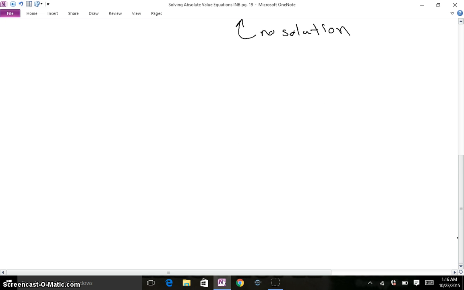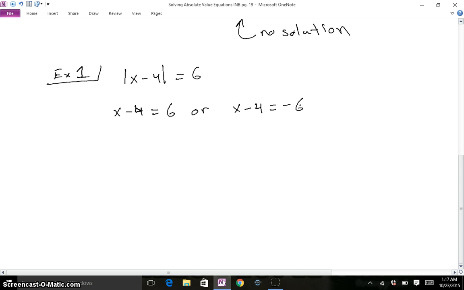Let's take example 1. Let's take the absolute value of x minus 4 equals 6. Just like I said before, we're going to split this into two equations. We'll take what's inside the absolute value bars, x minus 4, and set it equal to the positive 6, or x minus 4 equal to negative 6.